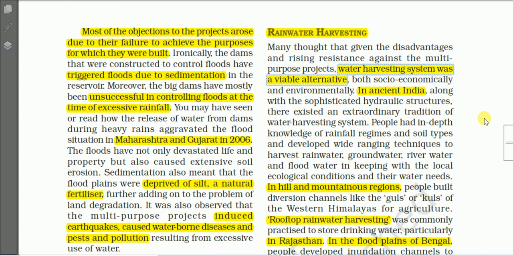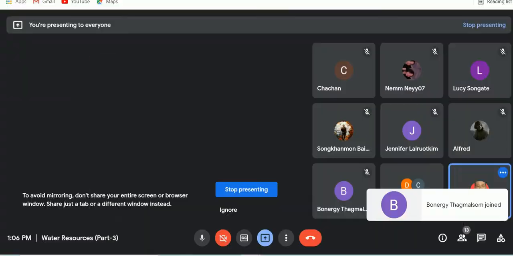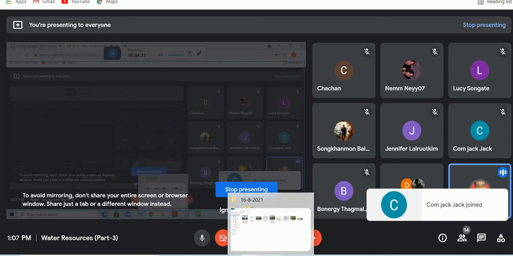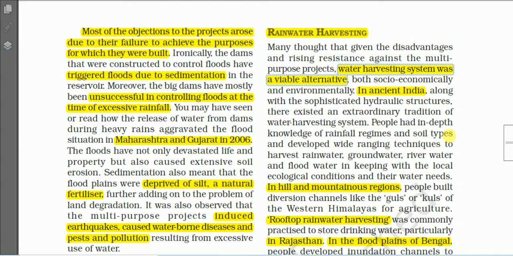So rainwater harvesting is a viable alternative to the multipurpose river valley projects to conserve and manage water. It may be on a small scale or on a large scale. We have different methods of rainwater harvesting, which we will be discussing now. This rainwater harvesting is environment friendly and socio-economically also viable.